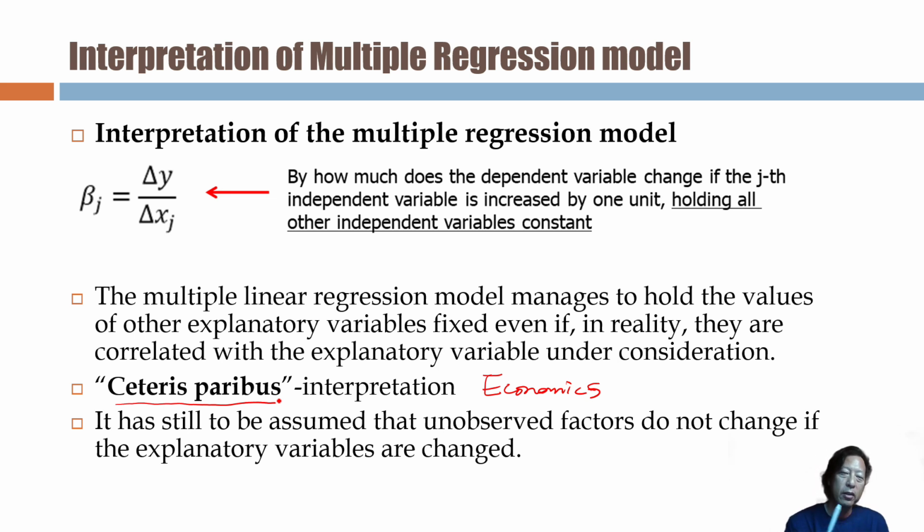Then we can observe how our result changes by changing only that one variable. So this Latin phrase means: what if we hold everything else constant and change only one variable at a time.